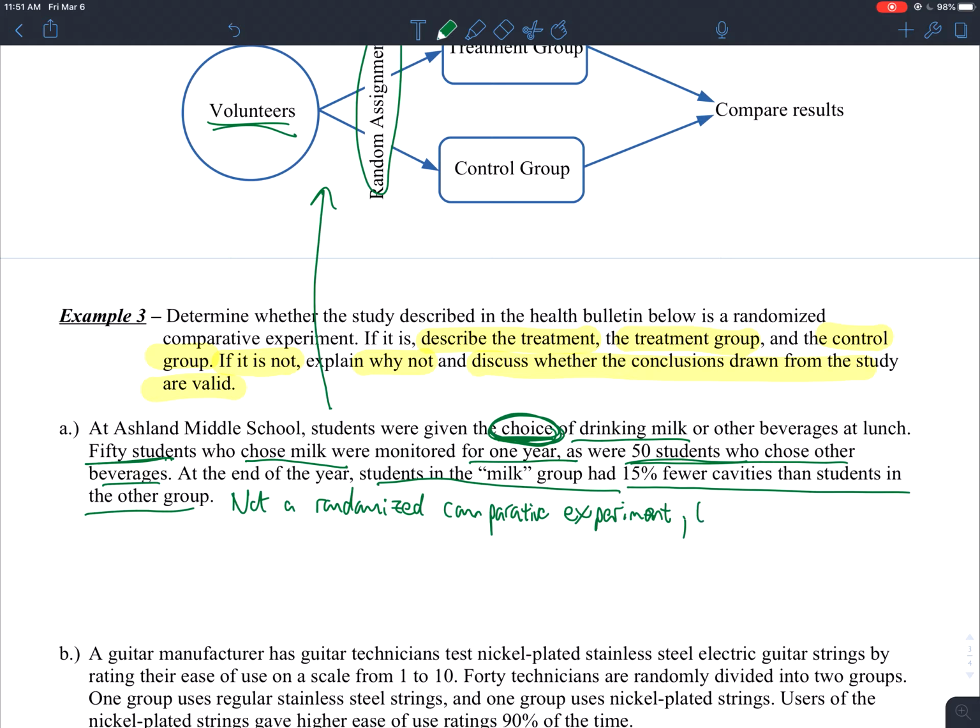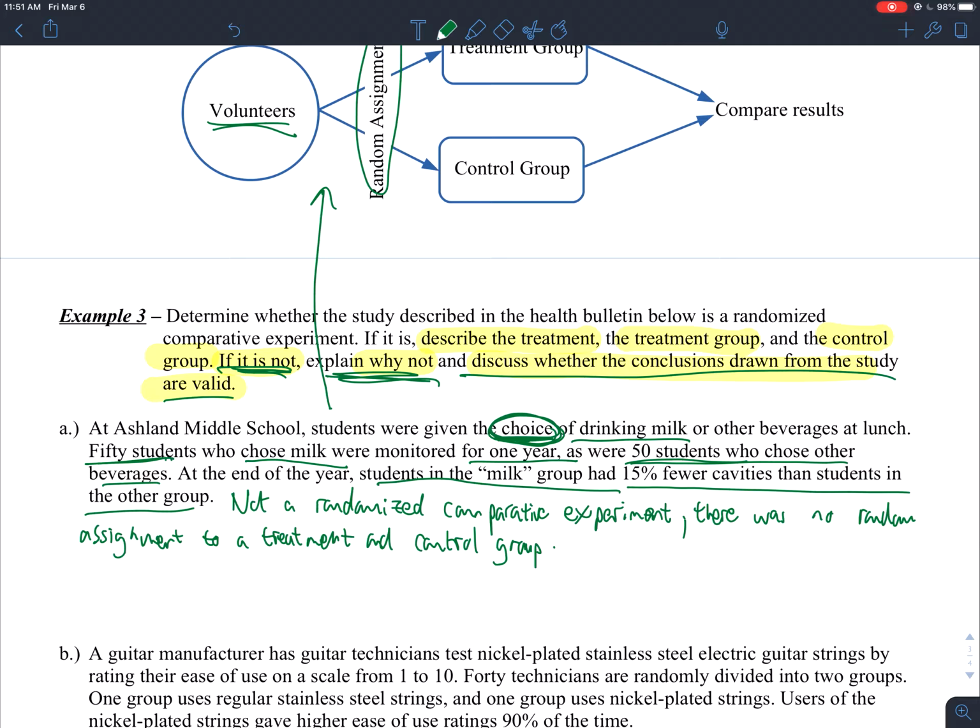There was no random assignment to a treatment and control group. So it says if it's not, explain why, and we did that. This is why it's not a randomized comparative experiment.